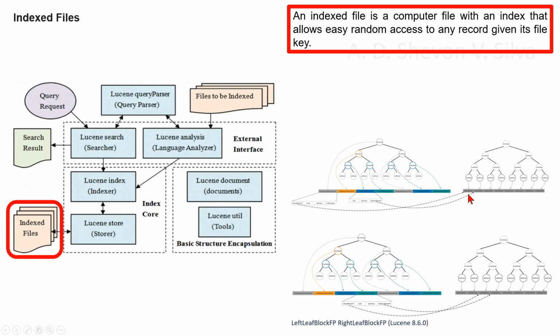And here you can see this inner node is connected to a leaf node, the left node has a leaf child, and it has code, split value, and right leaf block FP, which is connected to this leaf node data here.